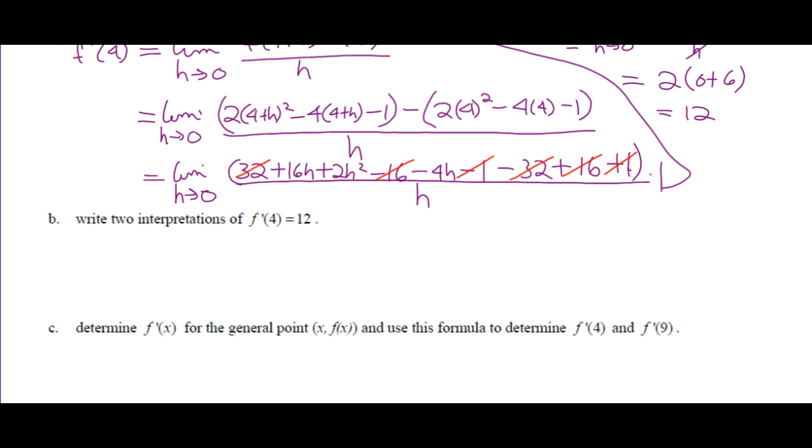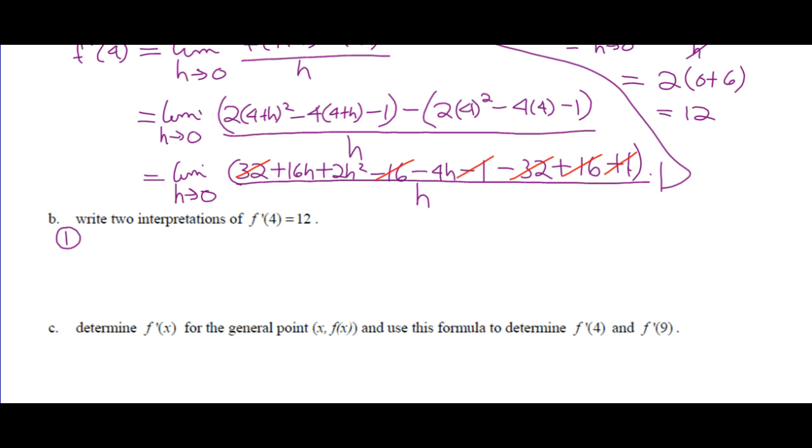All right, so 2 interpretations. Number 1. All right, what is this f prime of 4? Velociraptor. Only if it were a positioniraptor to begin with, but it's not. So f prime at a is the slope of the tangent line, right? So f prime of 4 is the slope of the tangent line.